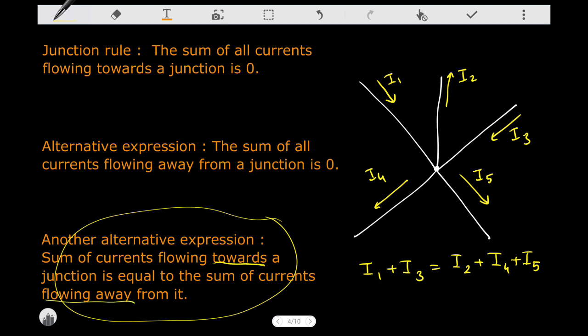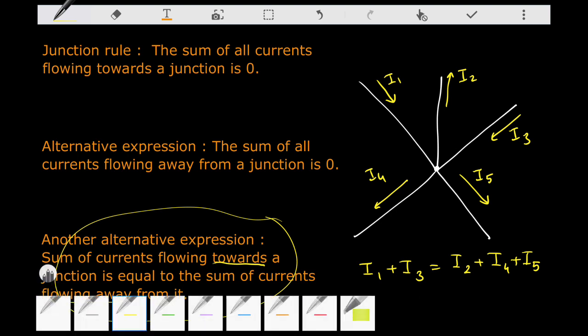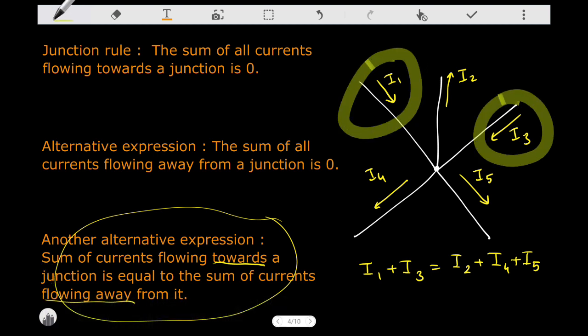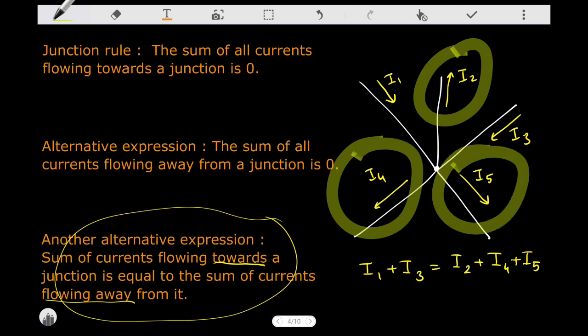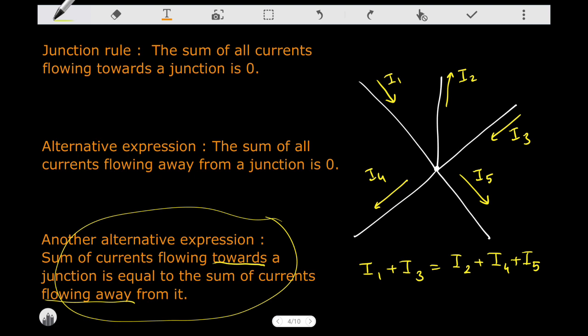In this diagram, we have two currents, I1 and I3, flowing towards the junction, and three currents, I2, I4, and I5, flowing away from the junction. Therefore the sum of I1 and I3 should be equal to the sum of the other three currents.